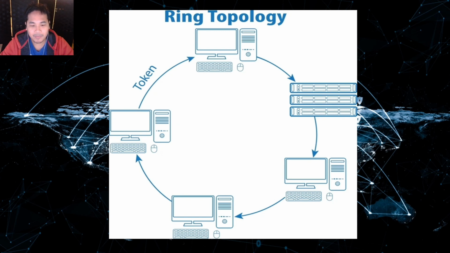Historically, token passing controlled which device could transmit. A token circled the ring, and only the device holding the token could send data. This eliminated collisions but added complexity. Ring topology is still used in some metro networks, industrial control systems, and older Fiber Distributed Data Interface networks. For most modern LANs, it's been replaced.